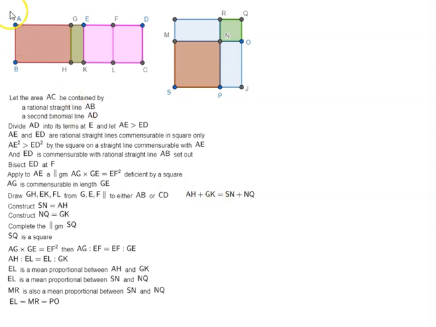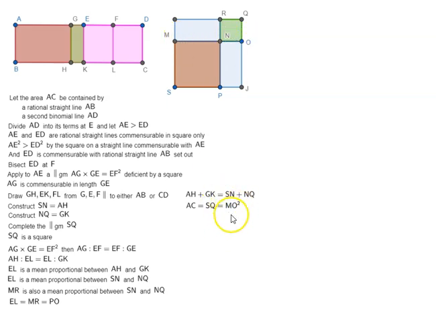AH plus GK is equal to SN plus NQ, because these two are equal and these two are equal. So which means AC is equal to SQ, which is equal to MO square.